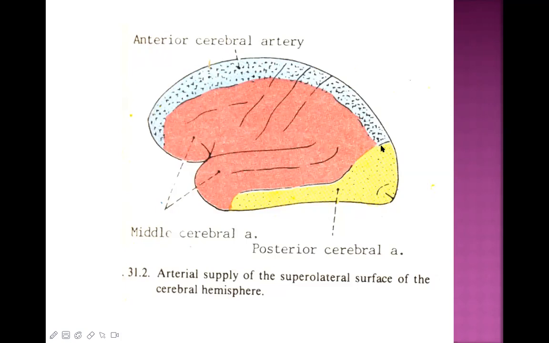This is the occipital lobe, and this is the temporal one. So most of the occipital lobe and a bit of the temporal lobe is supplied by the posterior cerebral artery. A small strip at the superior-most area is supplied by the anterior cerebral artery, and most of the other area is by the middle cerebral artery.